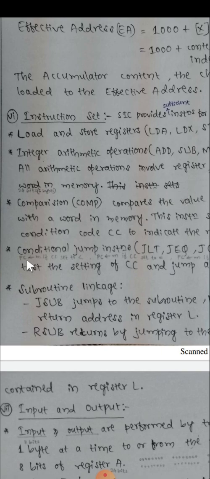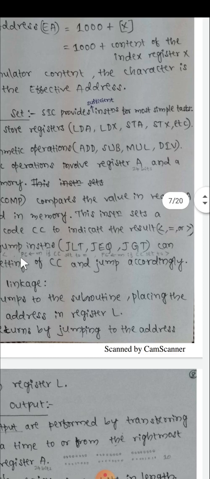JLT instructions. Okay, here PC is nothing but the program counter, which stores the address of the next instruction to be executed. So here memory is loaded into this PC if CC is set to less than. If CC value is less than, then memory will be stored into the PC, and if CC is equal, then memory is again stored into PC.